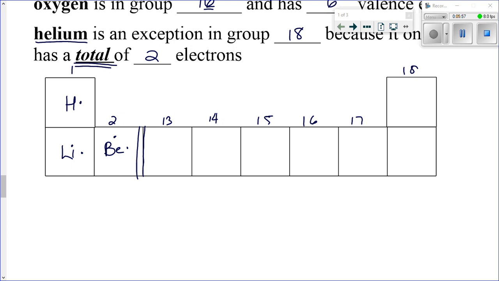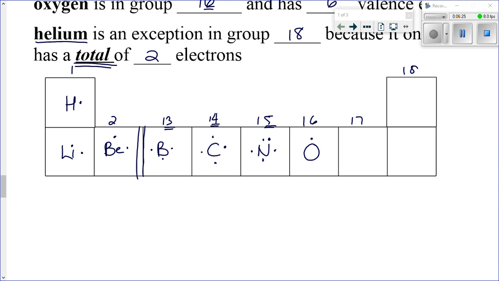Beside beryllium in group 13, there is boron. Boron has 3. Carbon has 4. Nitrogen has 5. Now notice how I give an electron to each domain before I partner them up. Oxygen has 6.